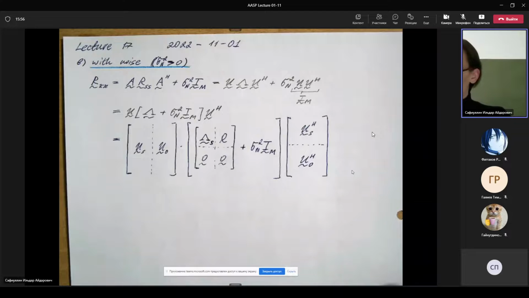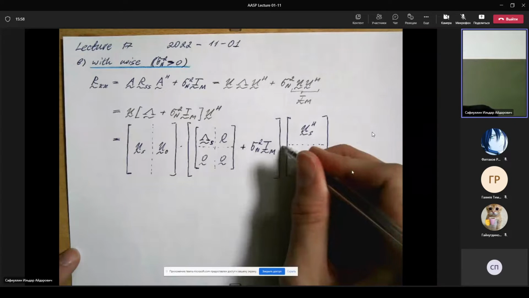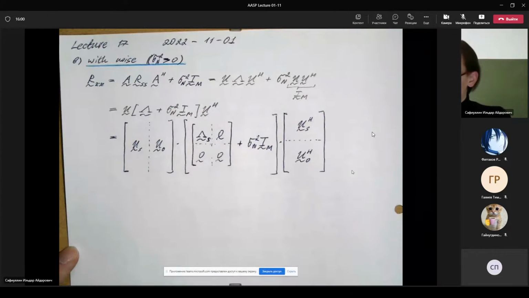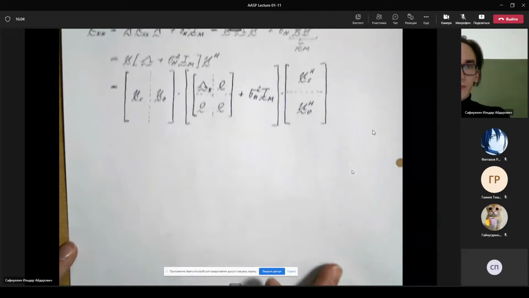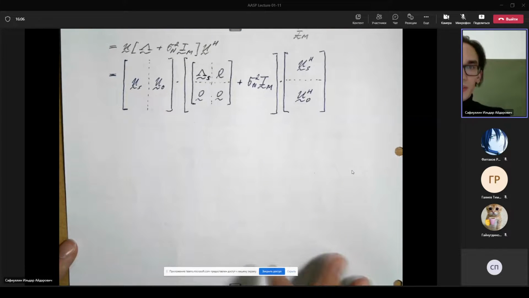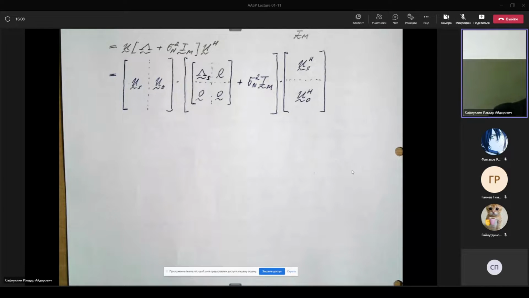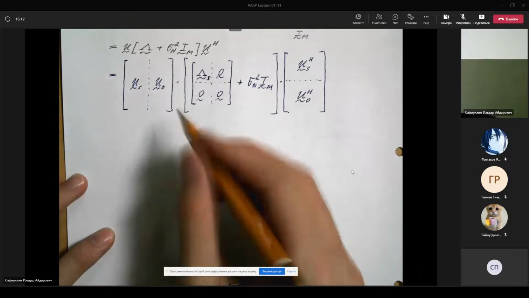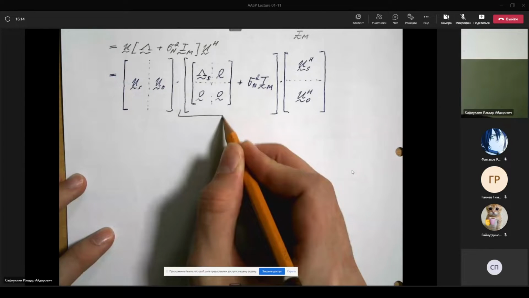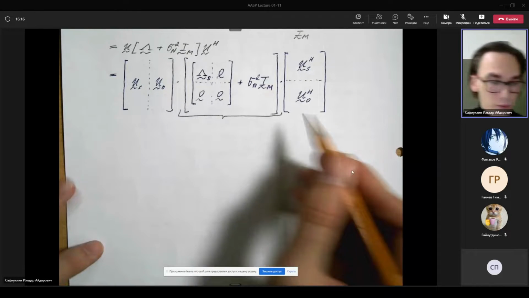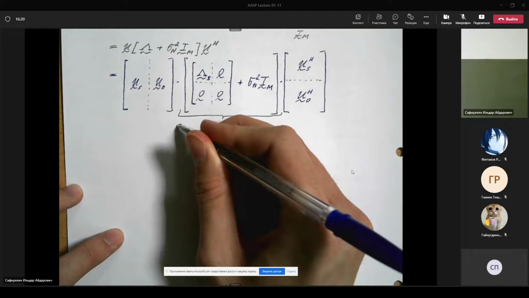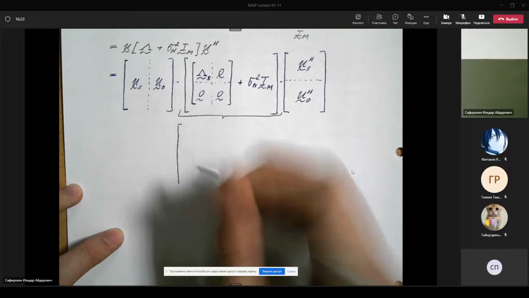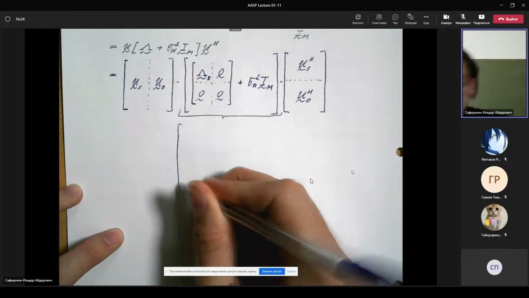And now I will rewrite everything only for this middle part with eigenvalues, and we will see what we'll have for these values. This summation of matrices will be the matrix.